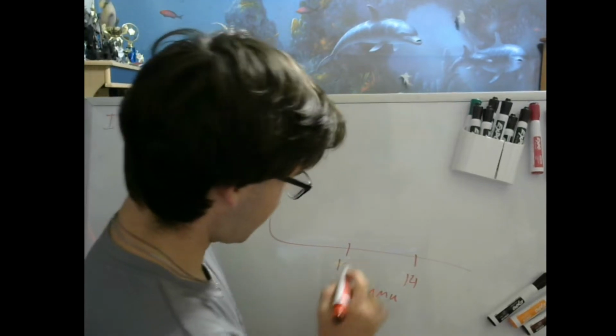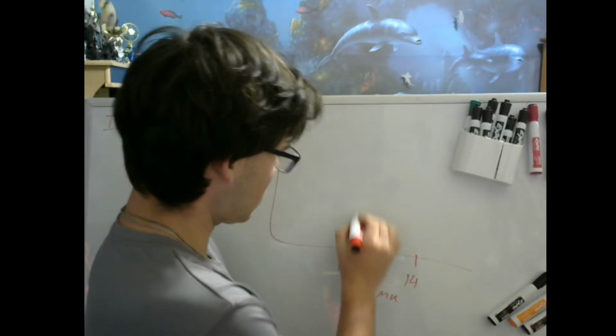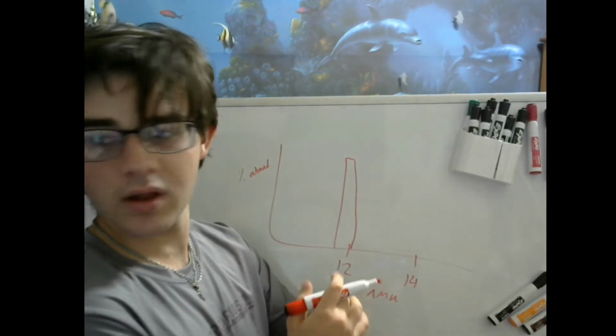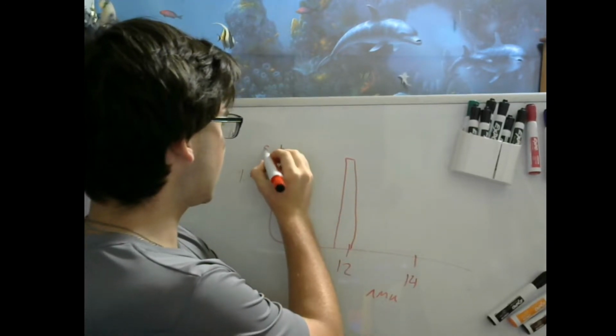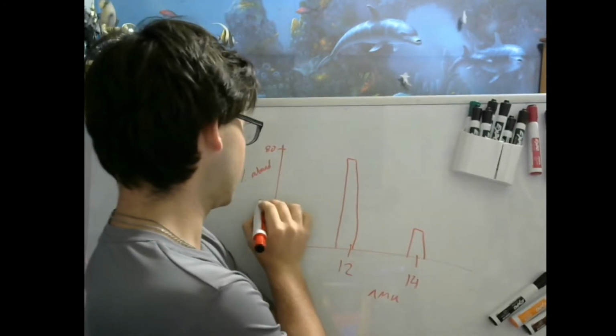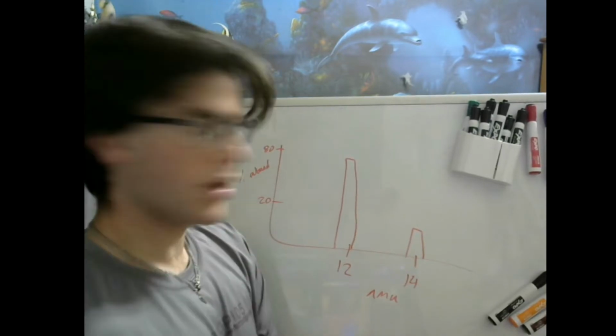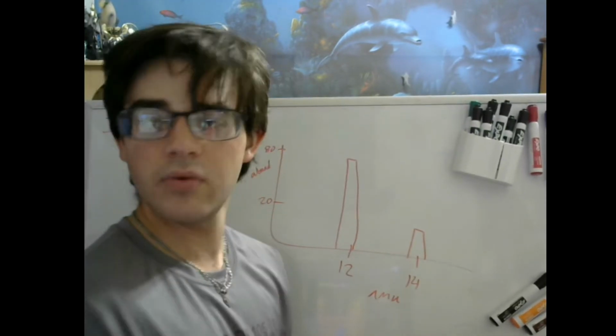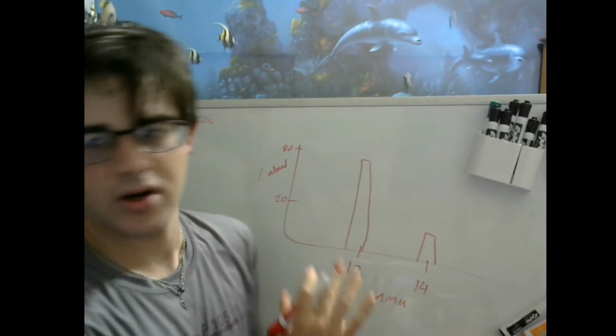So we have a lot of 12. Let's say it's 80. So then over here we're only going to have 20. I'm not good at graphs. Those aren't exact, and this isn't the exact one for carbon.